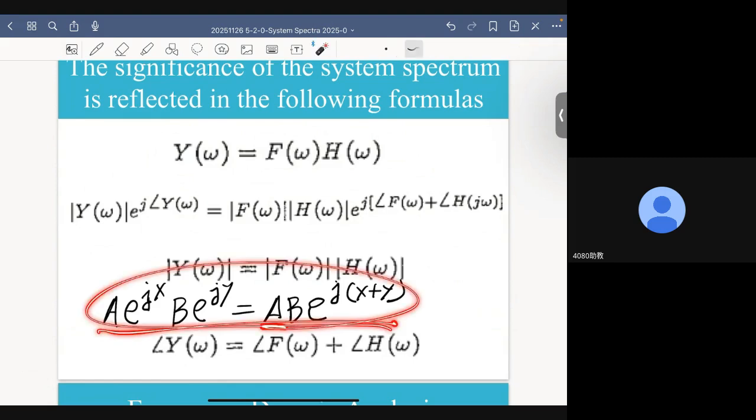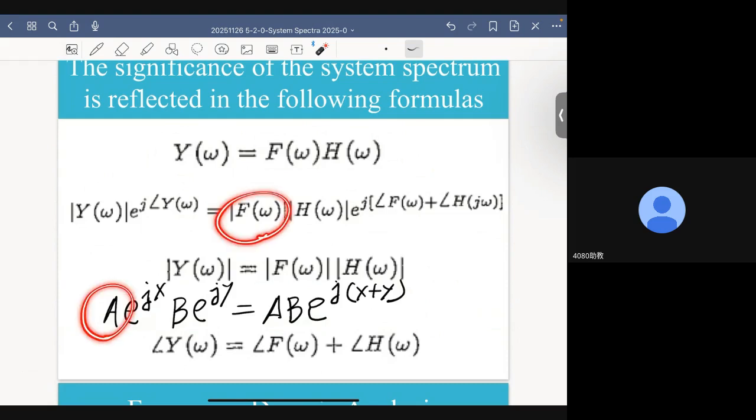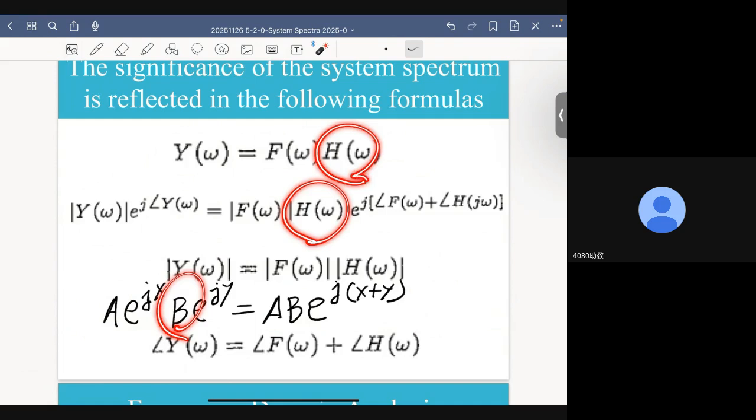This is an equality that we want to use here. And this equality is always true, because it has been mathematically proven. Now, A in this case is the magnitude of F. B is the magnitude of the transfer function.